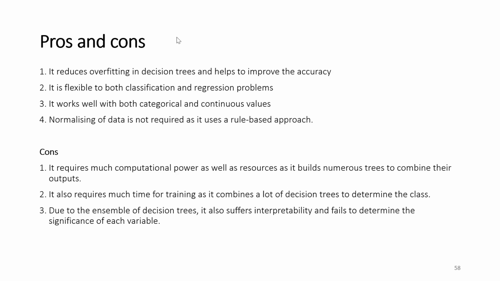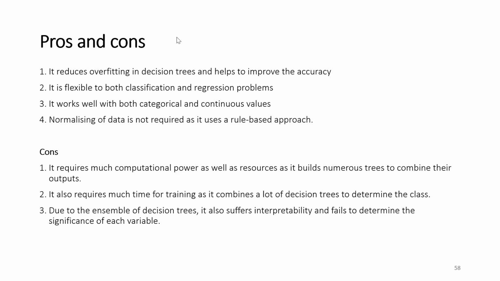The con is always high computational power as well as resources, as it builds numerous trees to combine their outputs. So you are going with multiple trees because this is an ensemble technique. When I say ensemble technique, it is all about building many trees, not only 2 or 3 trees, but hundreds and thousands of trees.